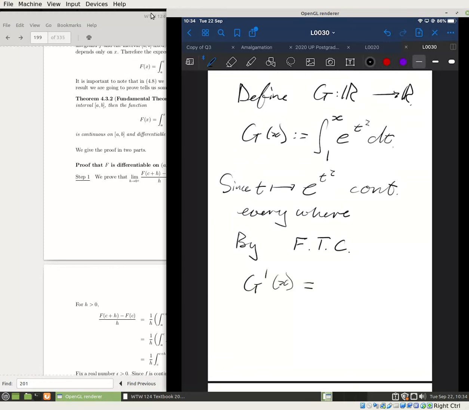And what is the derivative of g? That is just our integrand with the t's replaced with x's, and this is for all x in the real numbers.